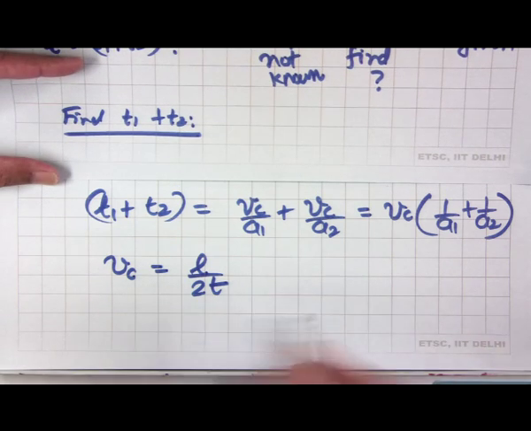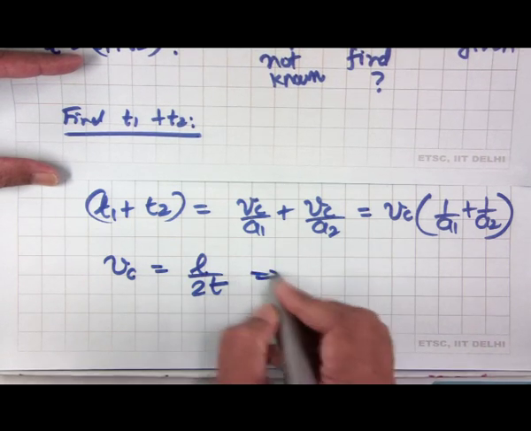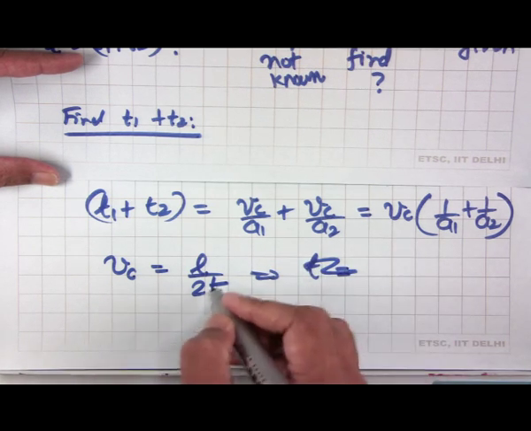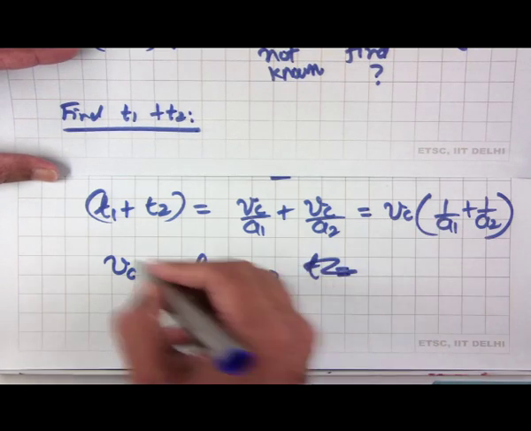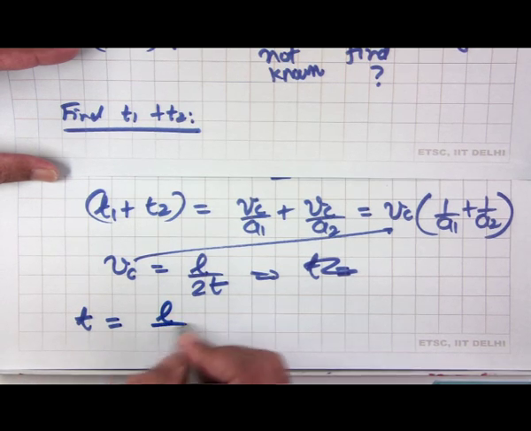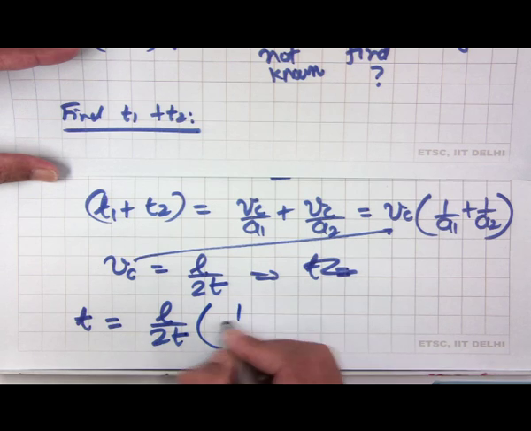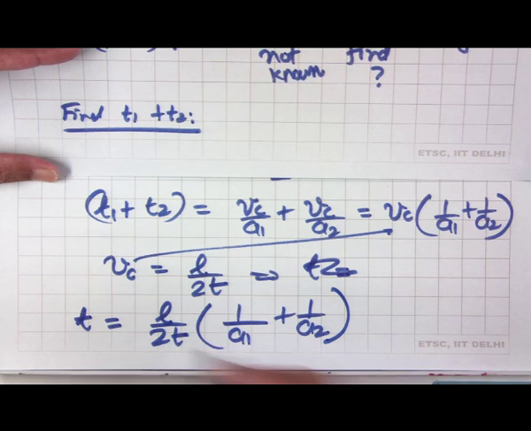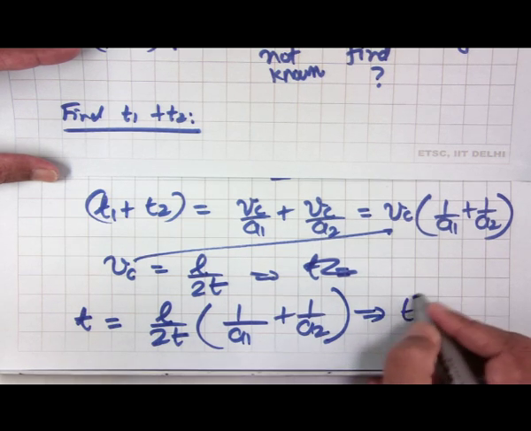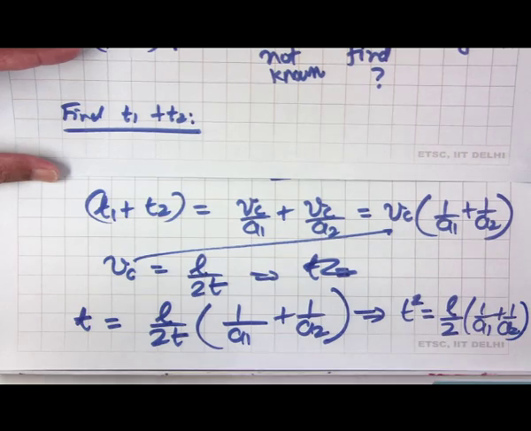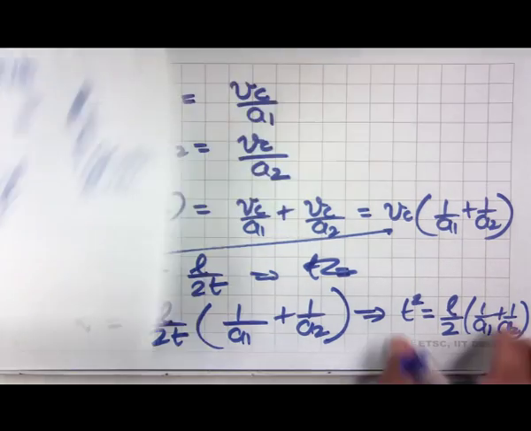So, we substitute the value of Vc in here, and we get t is equal to L upon 2t times 1 over A1 plus 1 over A2, and now we can take t to the other side. This implies t square is equal to L upon 2 into 1 over A1 plus 1 over A2, and this is the answer which we had got earlier also.